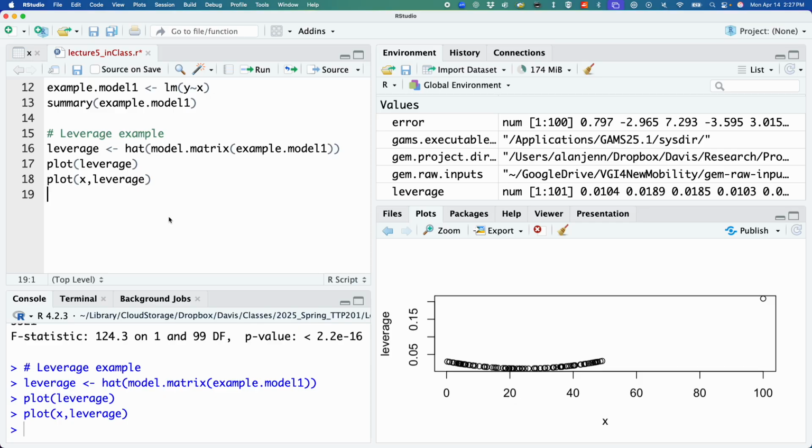Any questions or comments? You're saying about the seesaw? Yeah. I don't really understand what you're saying. Yeah.